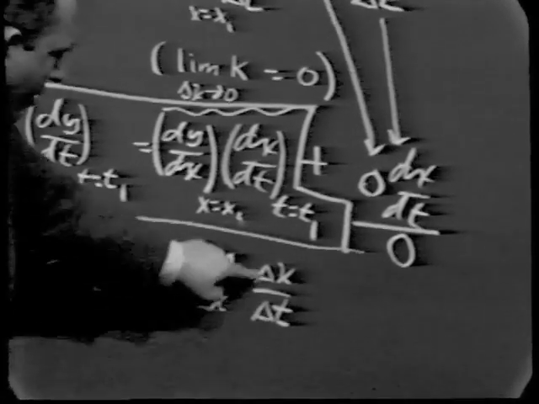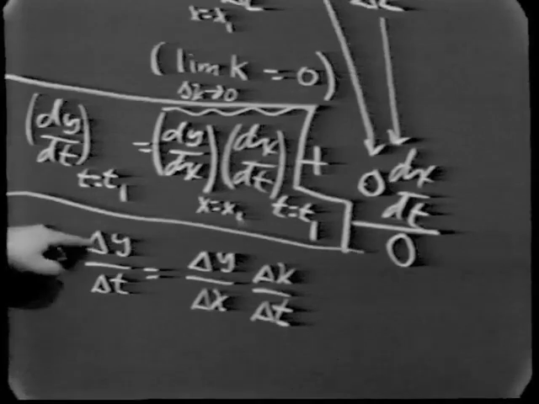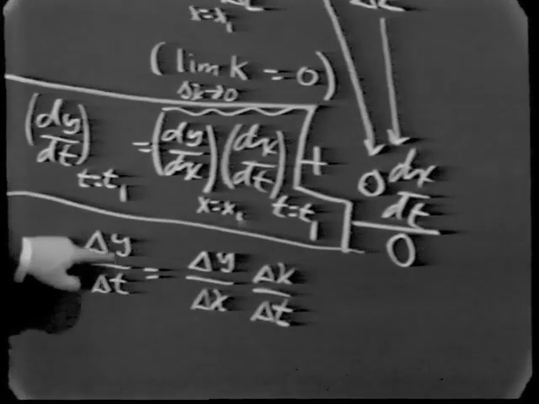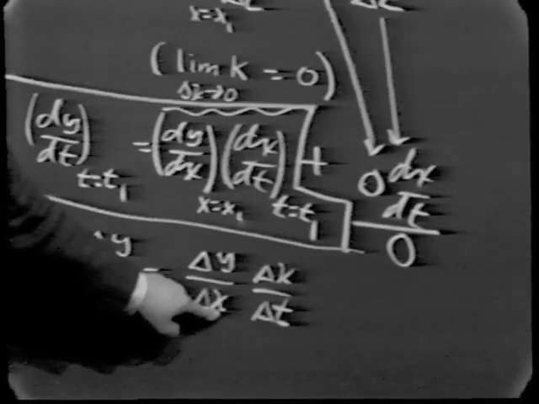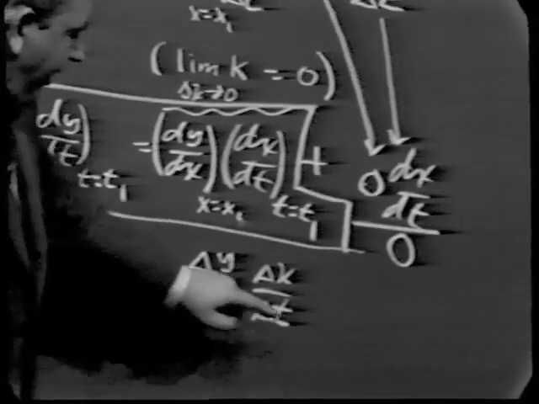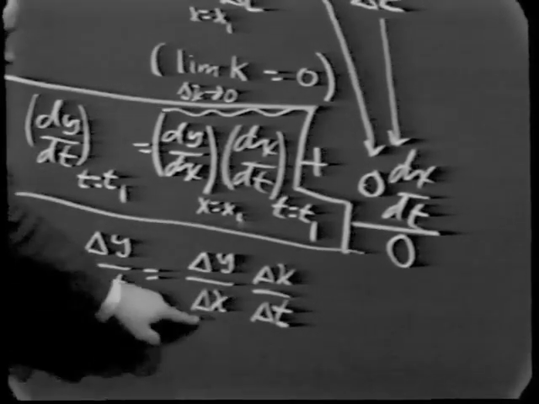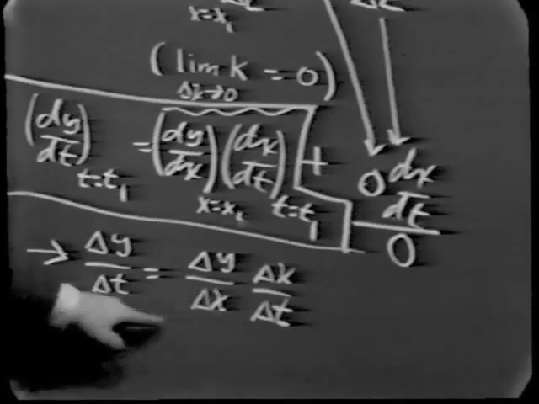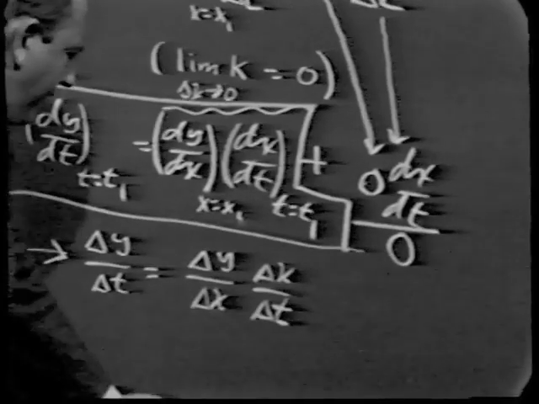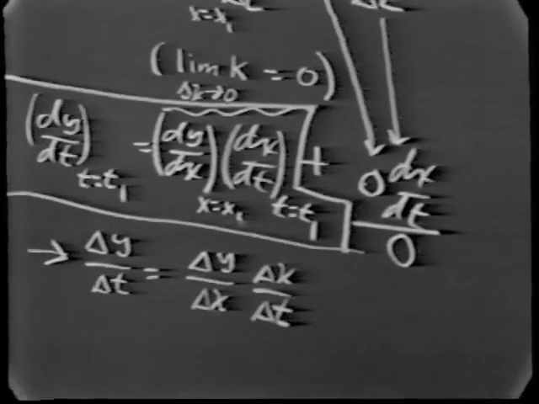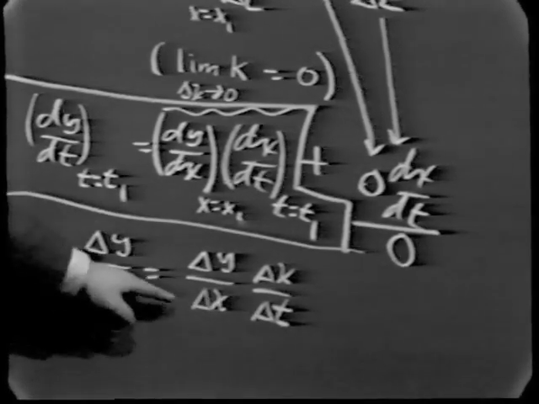As numbers, we can write these things in fractional notation, and we could write that delta y divided by delta t is delta y divided by delta x times delta x divided by delta t. Then we could take the limit as delta t approaches 0, and we would arrive at the same result.